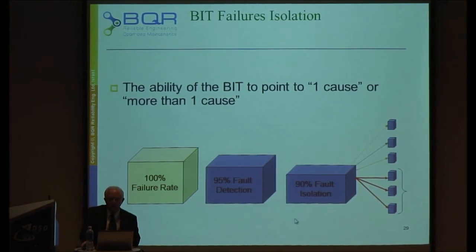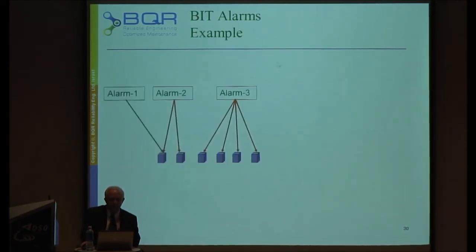It is very important that the isolation points exactly to the cause. If two assemblies can contribute the same error, you need to make a change in the design, or check if it fits the requirements. For example, you have a system which has 3 alarms.